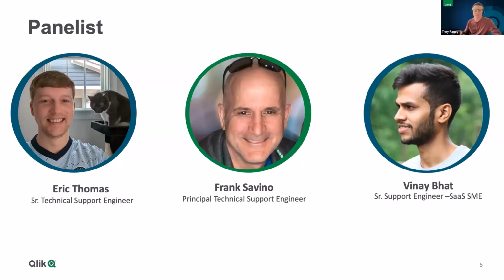Okay. Thanks, Vinay. Next question. How do I find disabled users? Frank, do you want to take that one? Yeah, so to find disabled users, you need to go into your Qlik Cloud tenant as a tenant admin and find the users panel. Under the users panel, by default, you'll see an active button.